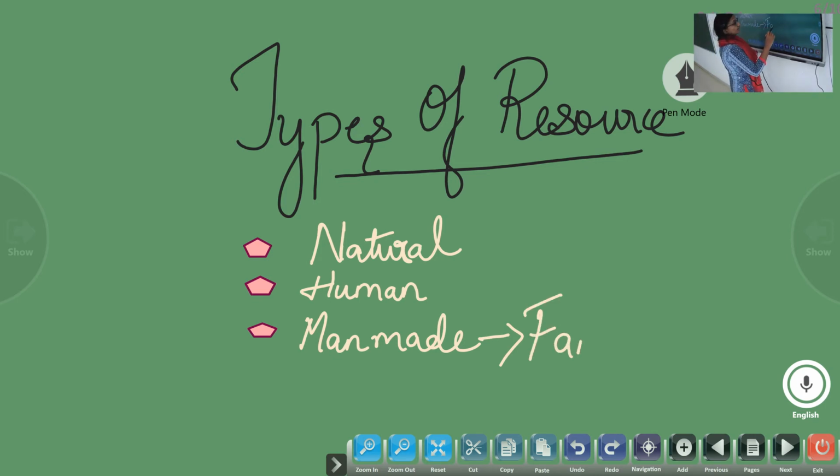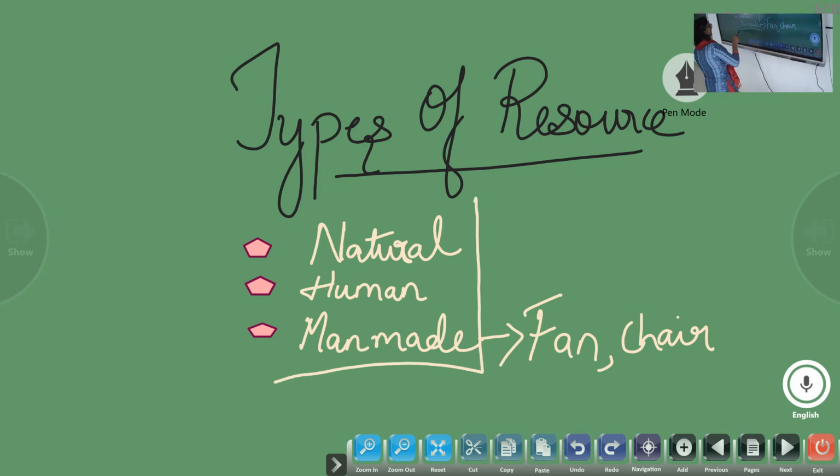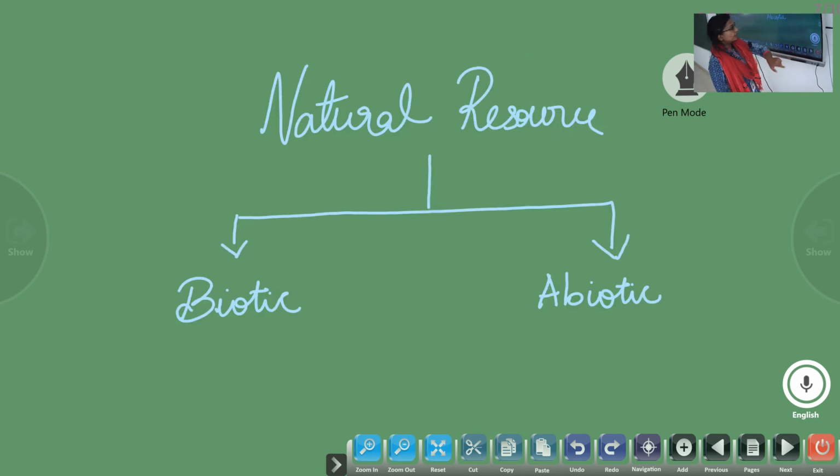The fan, the tube lights in your house, the chair that you sit on, or the mat that you use, the bed that you sleep on, the door, the windows, house, everything is a man-made resource. So there are three types of resource. One is natural, that is naturally available. Human, that is us. Third one is man-made, because it is made by man.